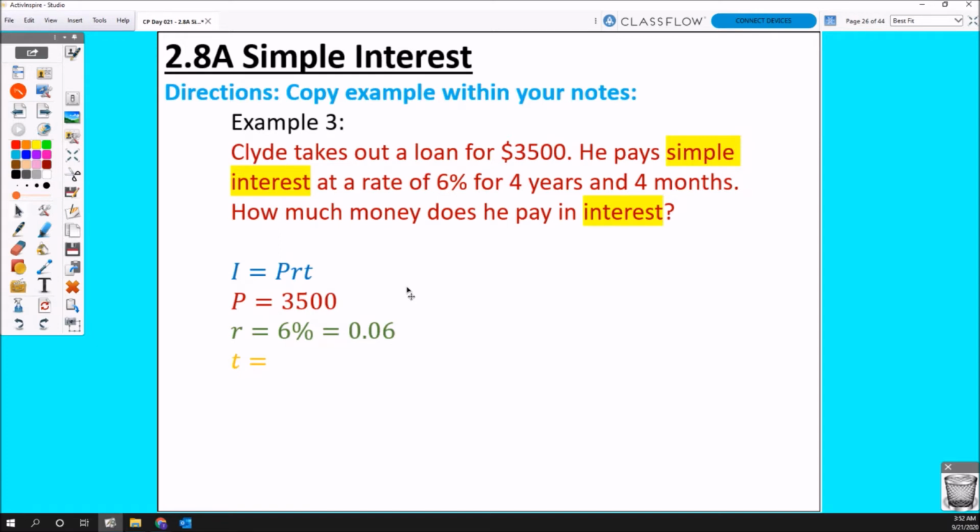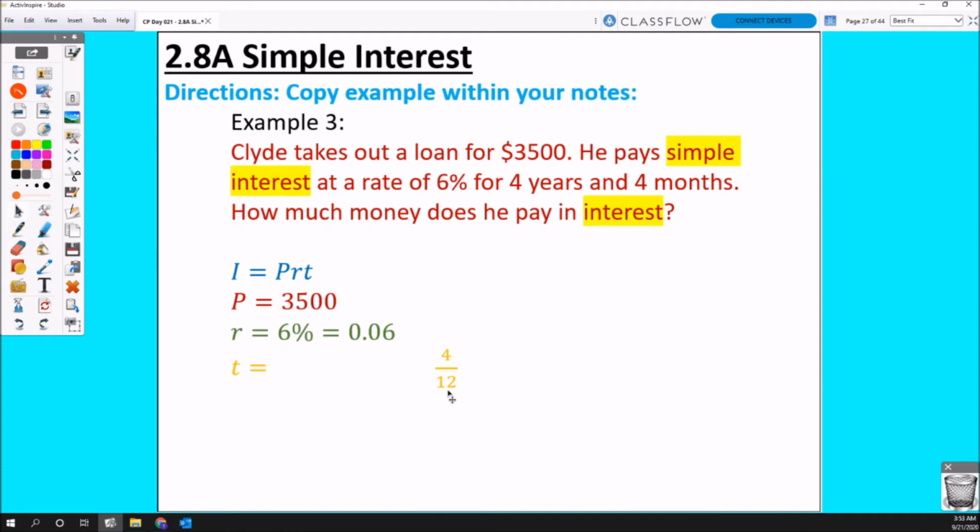So if we were to work this out, you're going to have to write it as a fraction. So 4 is the 4 months that we got from the problem, and then 12 months is the total number of months within a given year. Just like I said, you have to write this as a fraction to get the correct decimal value. Most of what I've seen, people just think it's easy to write 4.4.